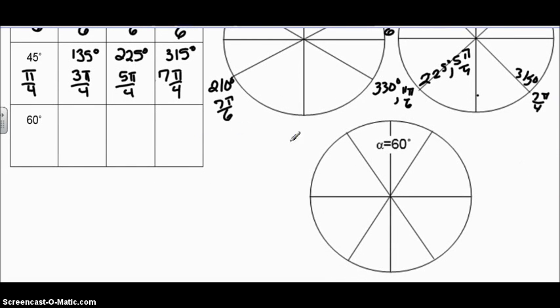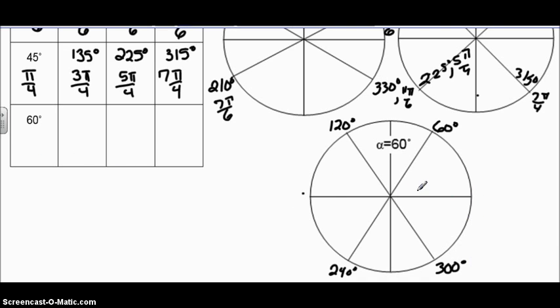With 60 degrees, this first is 60 degrees, and then we come 60 degrees more, that's 120 degrees. So 180, 240 degrees, 300 degrees, and then finally back to 360.